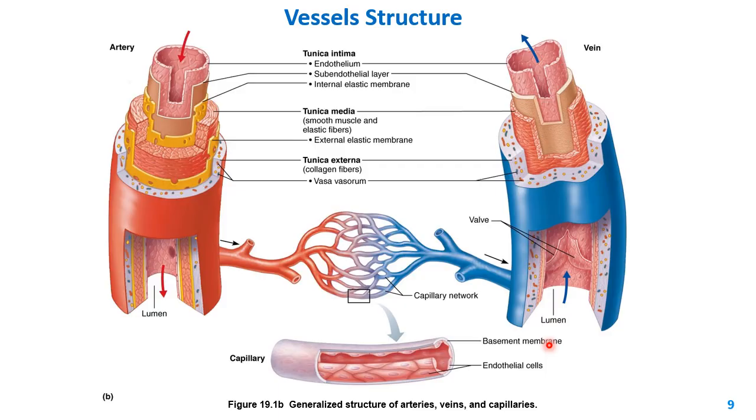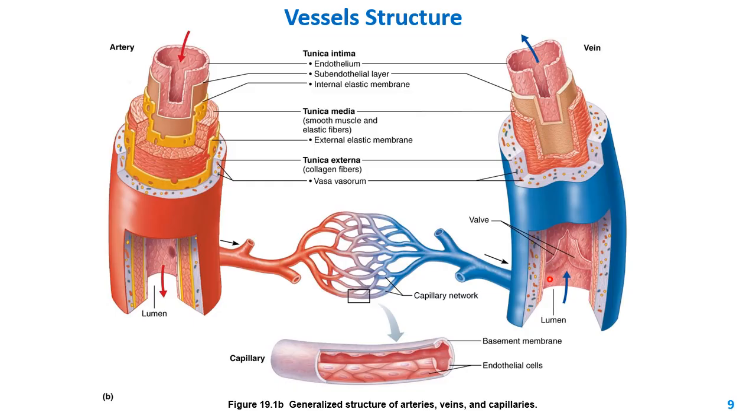For example, if you have veins coming from your legs, bringing the blood back in the direction of your heart, the pressure is so low that if the blood accumulates here, it could flow back, and that would cause edema. So you get very swollen legs, right? That's a problem, okay?